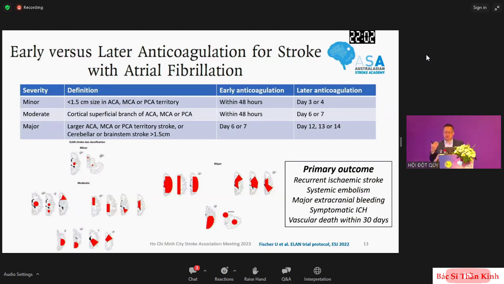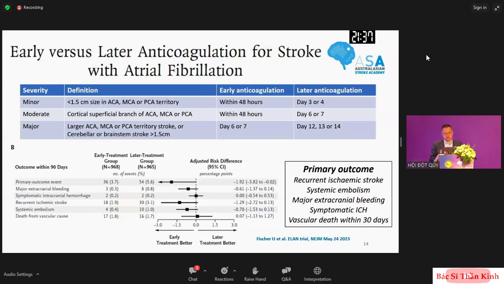They looked at the primary outcome being a composite of ischemic stroke and embolisation, and you can see in the box the other characteristics. And at the bottom of the slide is the image from the protocol paper, which describes what we might see on a scan for, on the left side, people who will start in the first 48 hours, and in the middle, the people who would start at 6 or 7 days after stroke.